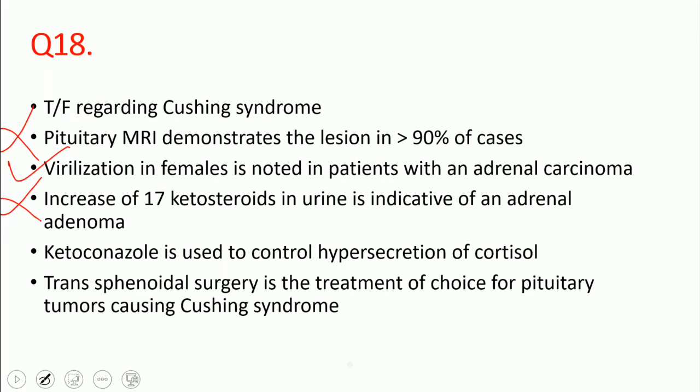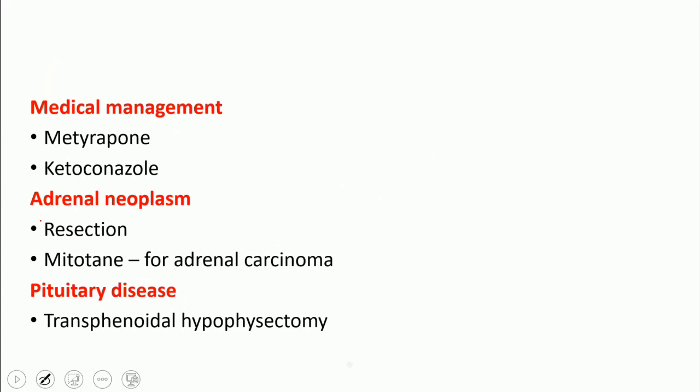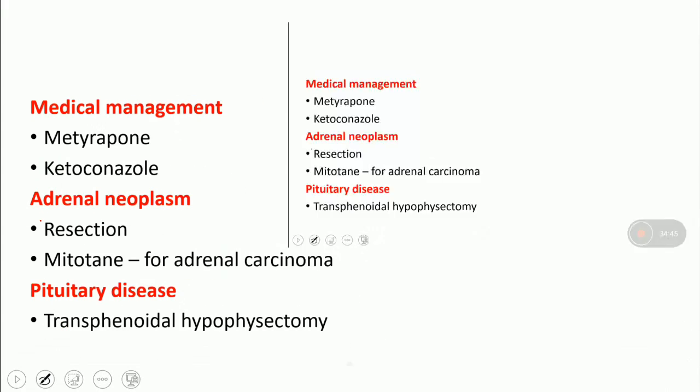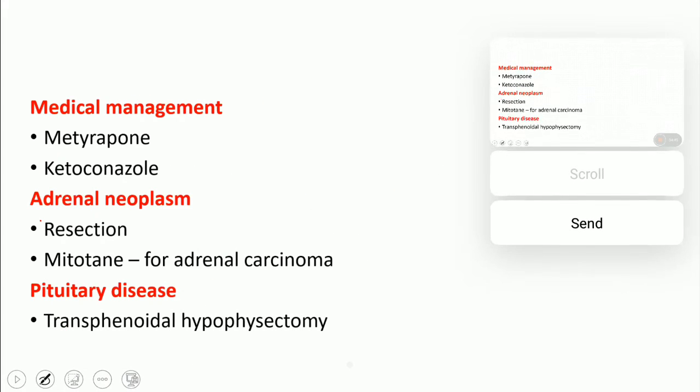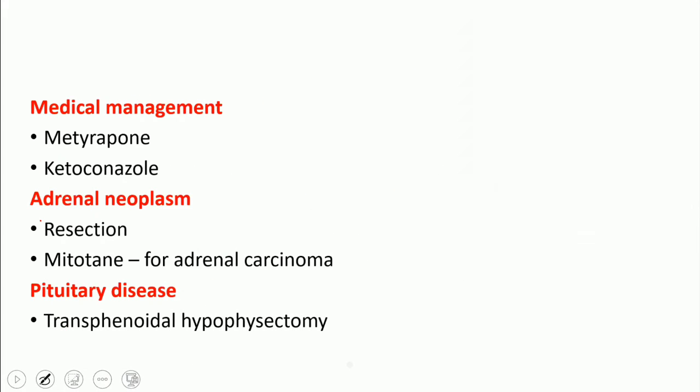Right. Now, how do you treat Cushing syndrome? Cushing syndrome has an extremely poor prognosis. If you don't treat Cushing syndrome in time, they will have lots of complications and die. So surgery is the preferred option. For whatever Cushing, surgery is the preferred option.